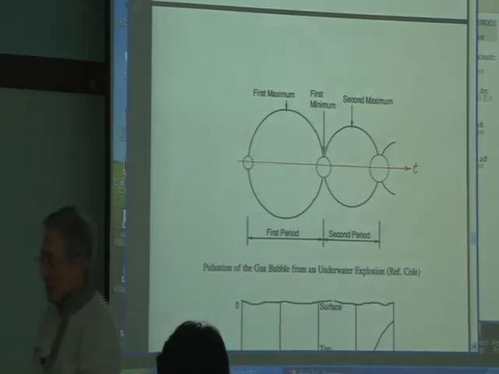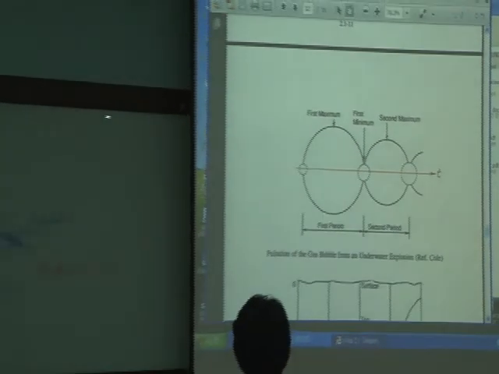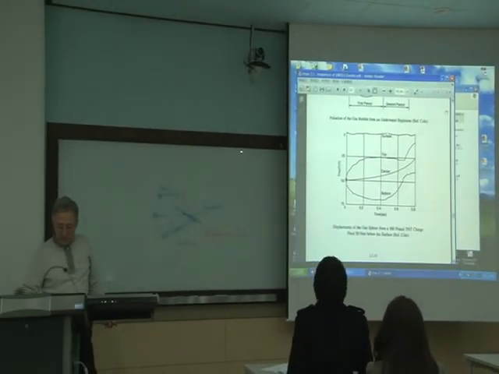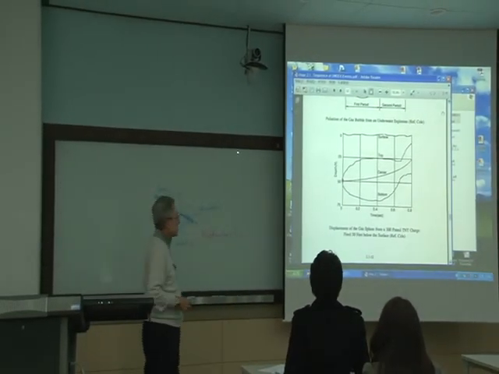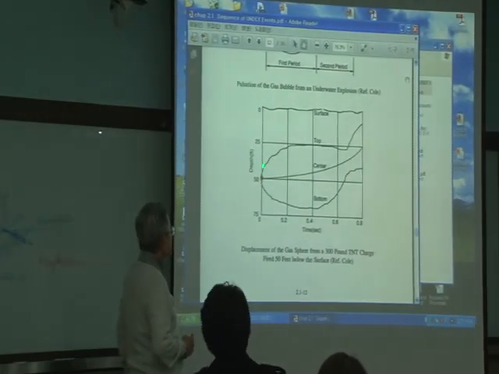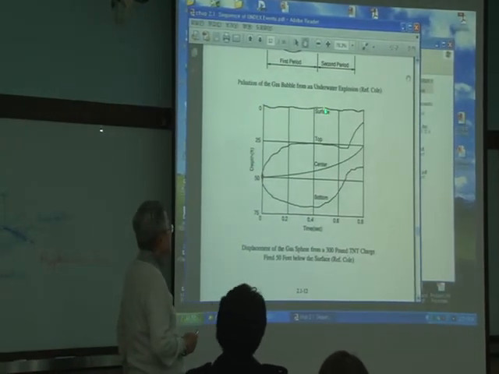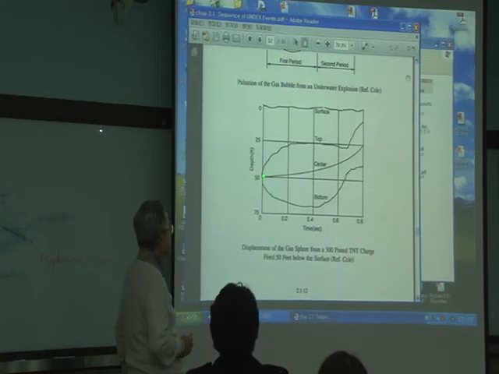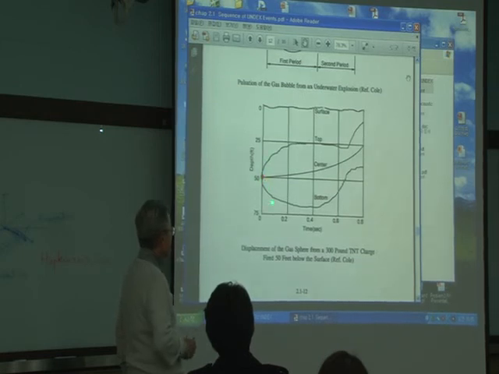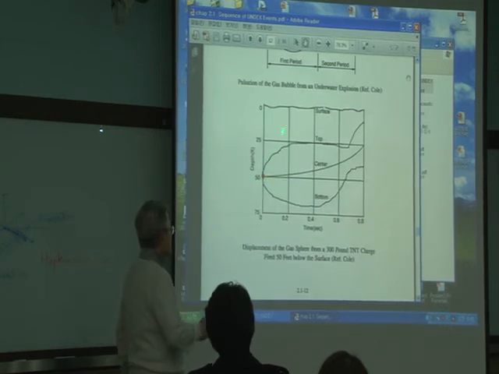And this is still the 300 pound TNT. So this is the time axis, this is the depth, this is the free surface, and 50 feet below the water, an explosion occurs. As time goes by, you can see the slice. The slice is the size of the gas bubble.